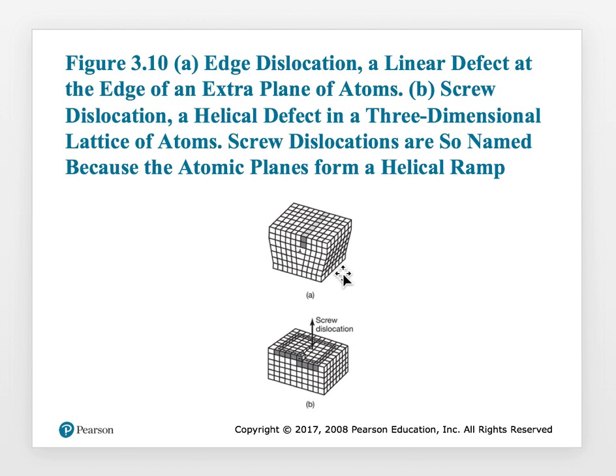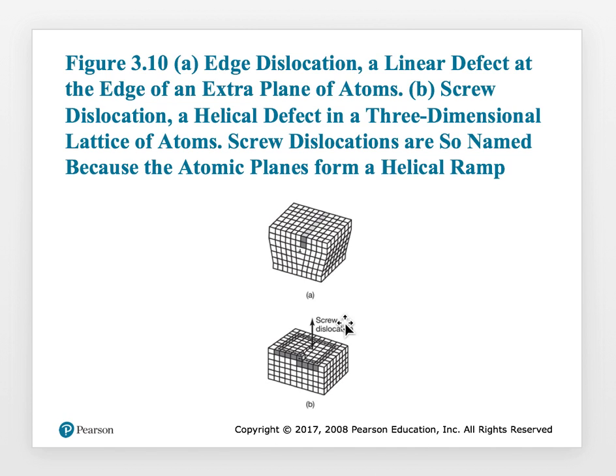So it is similar to moving the carpet, ripple in the carpet. Do you understand? So after that extra line of atoms moves from this side to this side, you have moved that ripple in the carpet from this side to this side.